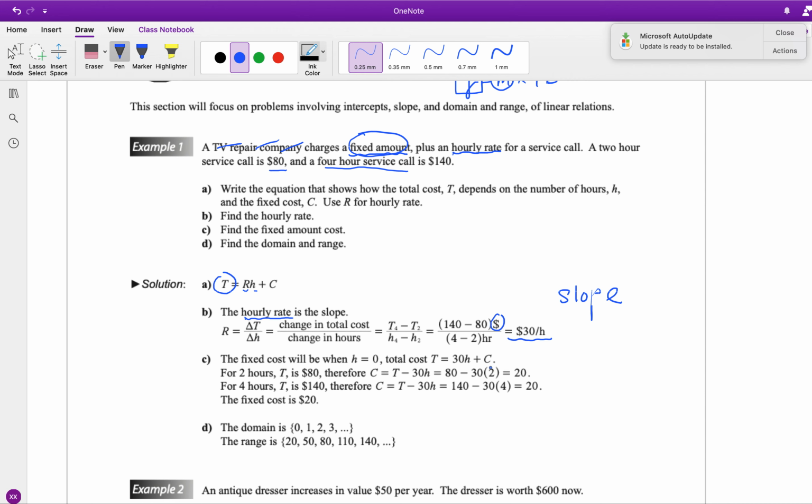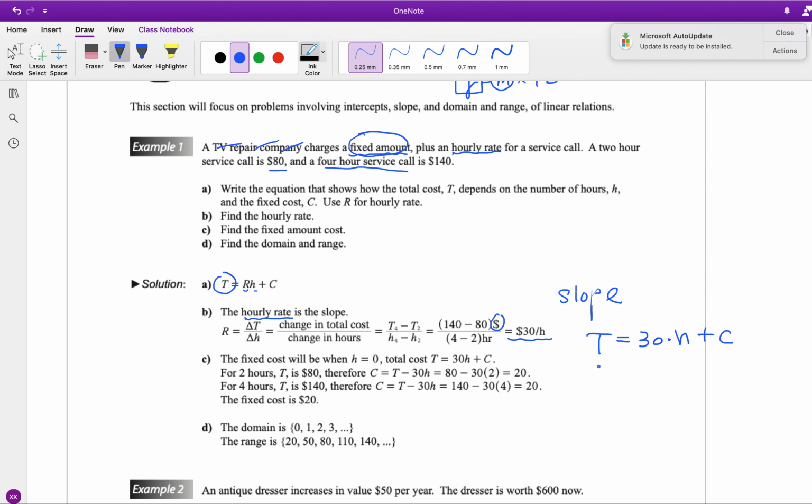So what's going on here is that the total cost T equals my hourly rate, which I now know is 30, multiplied by how many hours, plus a fixed cost. So now let's take a look at the 2-hour charge.